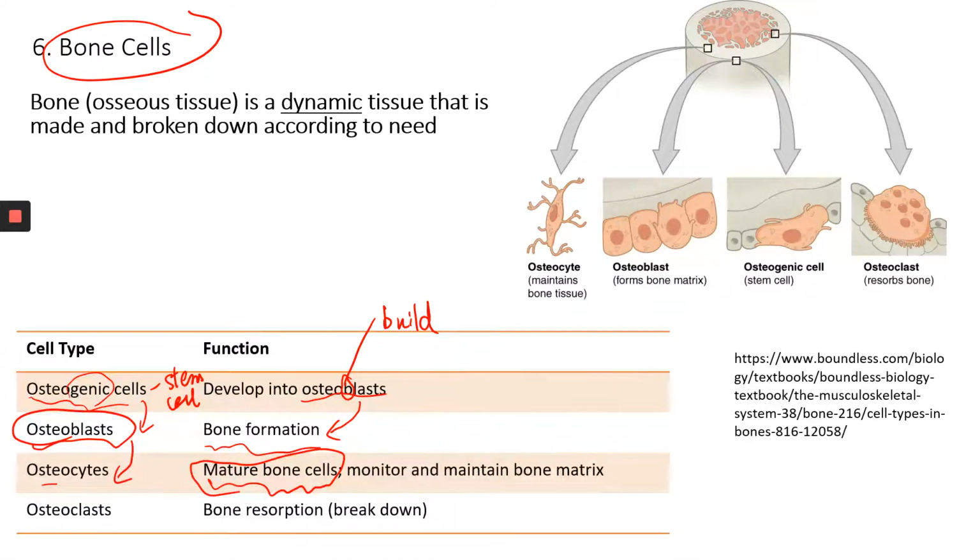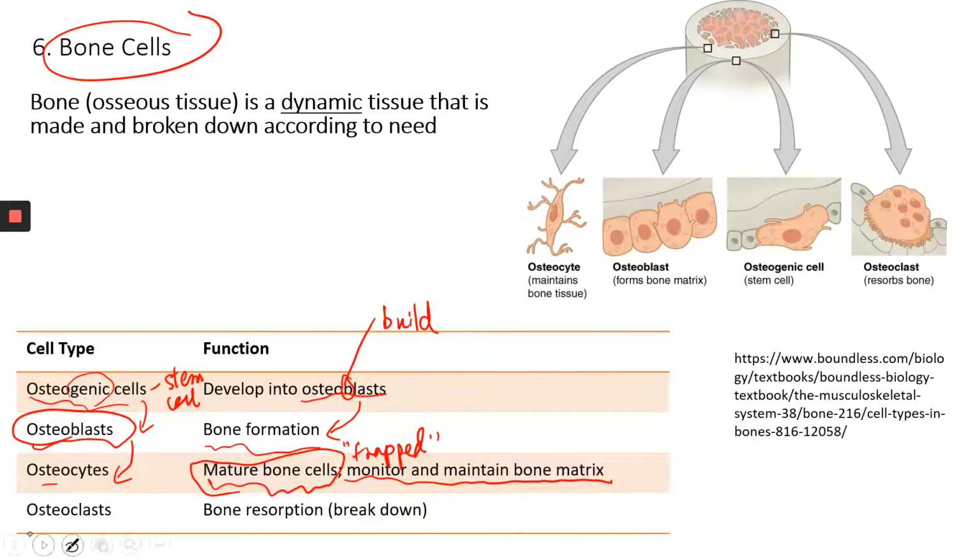So they are kind of like trapped. But it doesn't mean that they're doing nothing after they're trapped. They continue to monitor and maintain bone matrix. And they can send signals to other bone cells like osteoblasts or osteoclasts to kind of tell them what you need to do, where you need to remodel the bone.